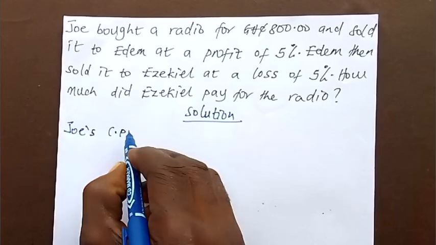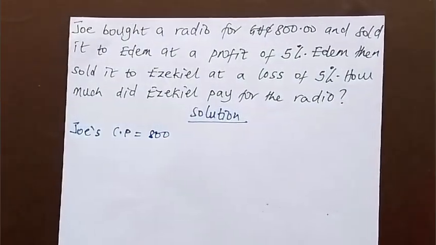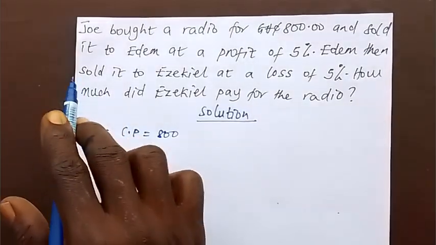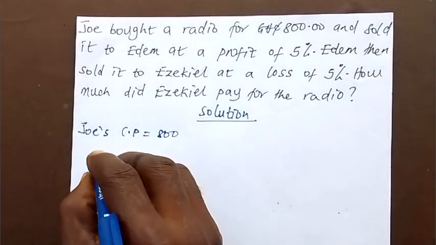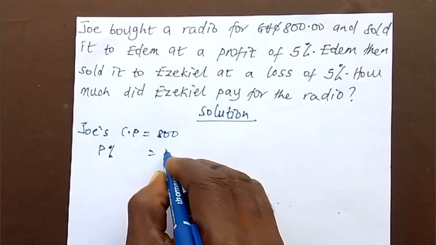Joe's cost price here is 800 Ghana cedis. Then he sold it to them at a profit of 5%. So profit percent is 5.